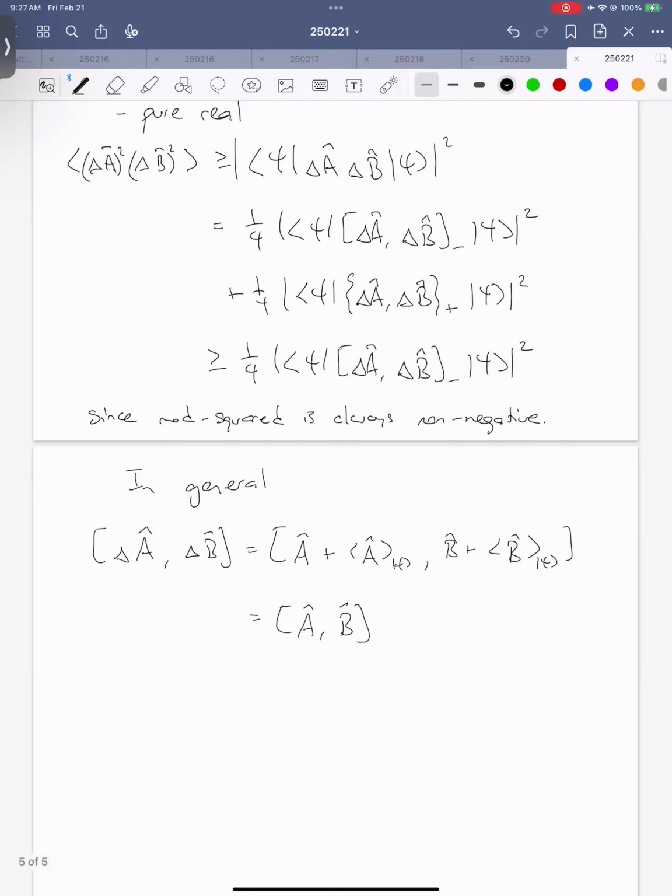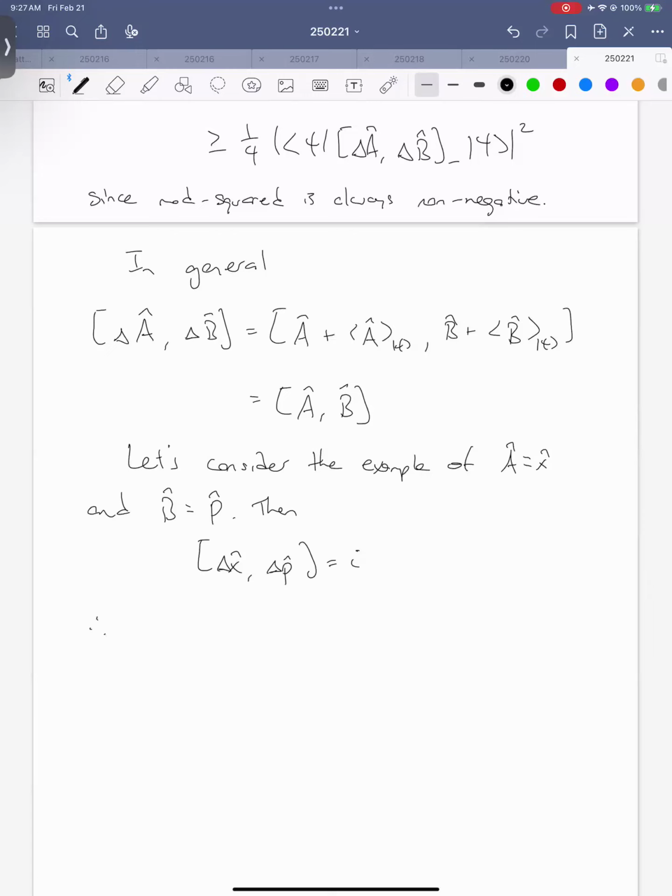So let's consider the example where the A operator is the X operator, and the B operator is the momentum operator. Then the commutator of delta X with delta P is i, the Dirac quantization condition, fundamental postulate of quantum mechanics.